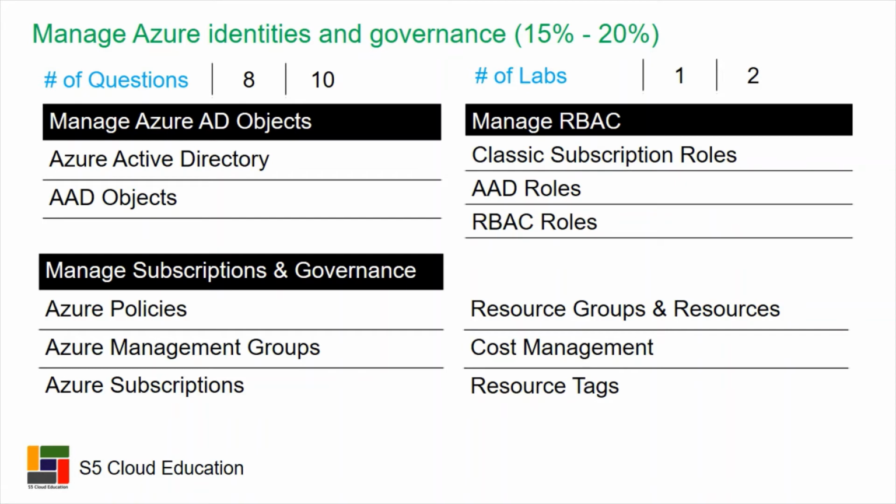Finally, it's about the third skill area: manage subscriptions and governance. Governance is always about how to make certain things happen in a certain way. Governance has multiple dimensions, be it related to policies, cost management, resources, etc. Besides, we need to have a clear picture of hierarchies in terms of resource management.